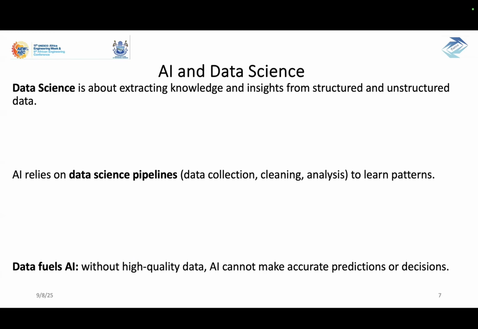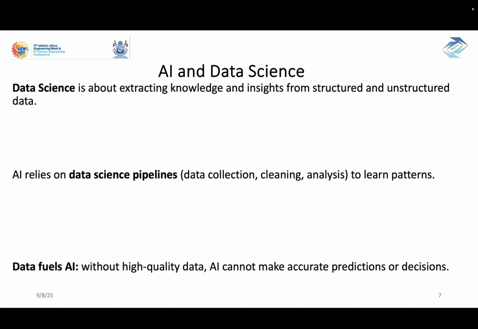And AI relies on the data science pipeline. Okay, so it's a subset of data science basically. So it relies on data collection, cleaning, analysis to learn patterns. So data fuels AI. Without data, you won't have AI.